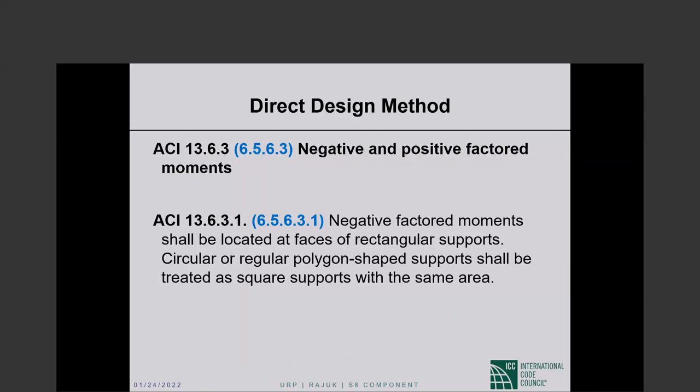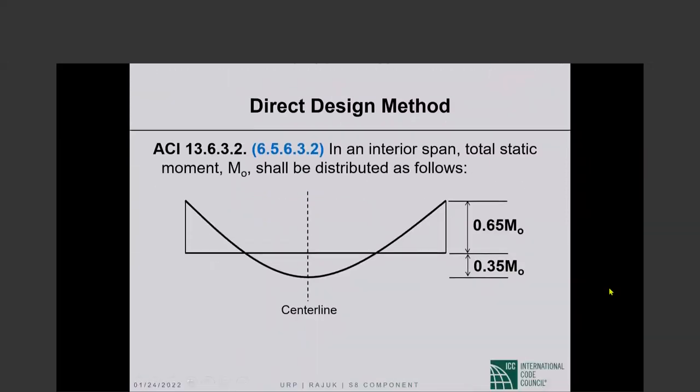We are talking about distribution of M sub 0 to negative and positive moment sections. So negative factored moments shall be located at faces of rectangular supports. If it is another shaped support, then you will come up with an equivalent rectangle as shown previously.